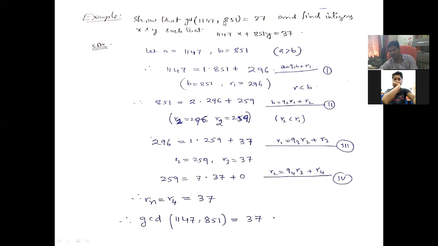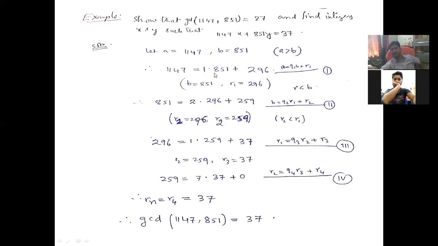If there is a minus sign, say 1147 minus 851, then in the next step you ignore the minus sign. You take only positive numbers, 1147 and plus 851, not minus 851. So A is greater than B.